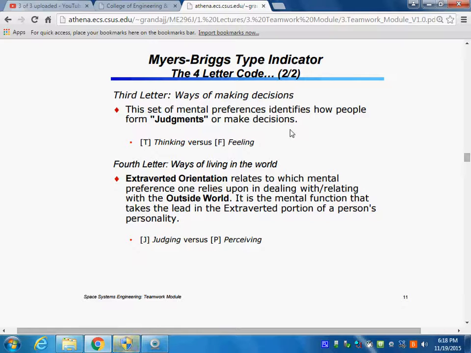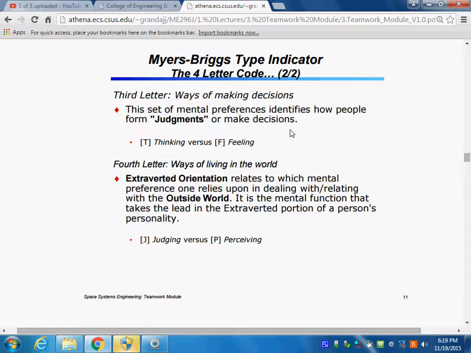I find it's a lot of fun, and I think we should take this test. Do you have an extroverted orientation of looking at the world? What is our mental preference? How do you relate to the outside world?